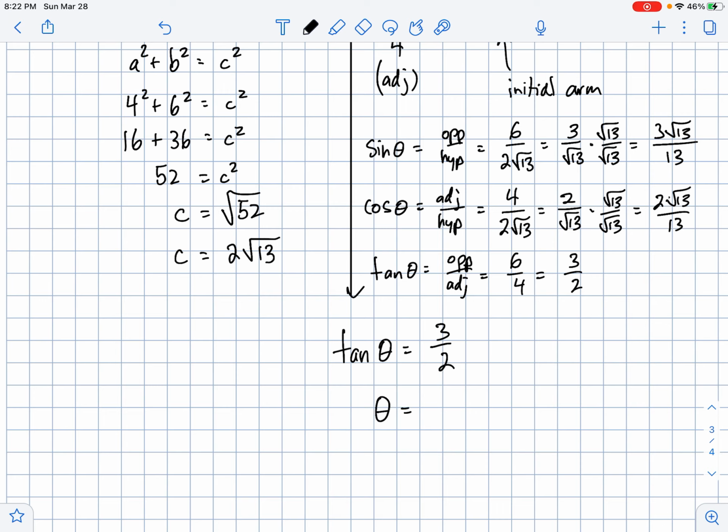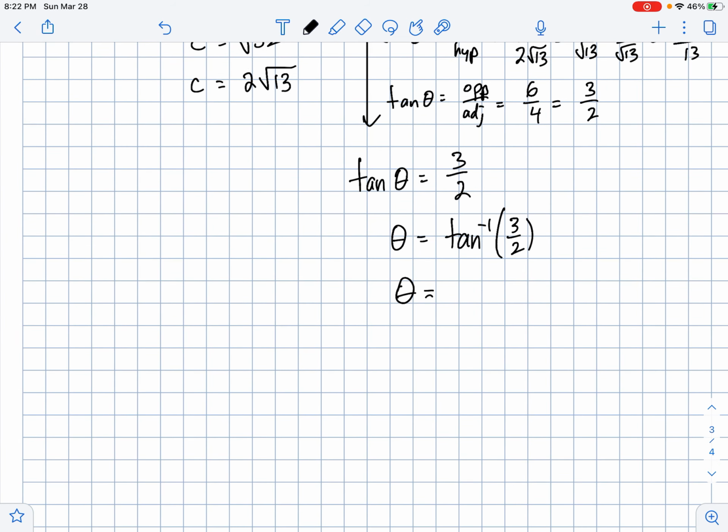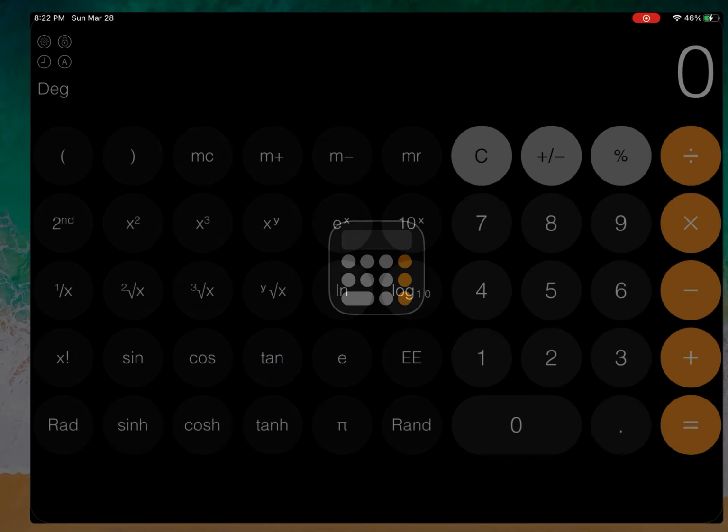Theta is going to be, and this is what I was showing you in the online class, you take the inverse on your calculator. You're going to punch in either 3 over 2 or 1.5. Let me quickly go to my calculator.